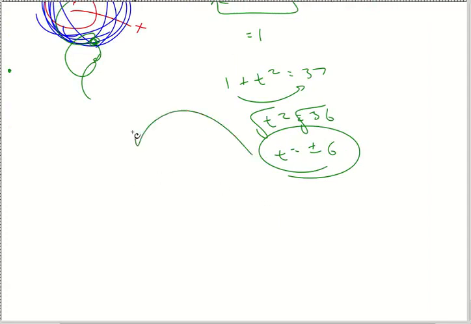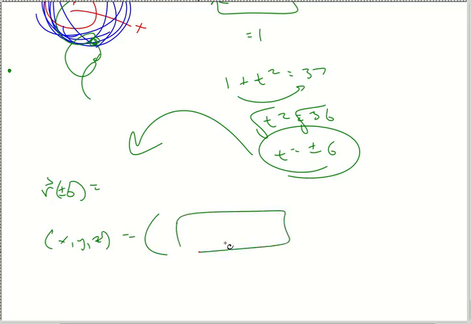We take that and plug it into our r to find my final answers as points x, y, and z. Their actual answers are in the form of x, y, z, in a big box. So I'm going to plug in the -6 and the 6. It looks like sine -6, cosine -6, -6.